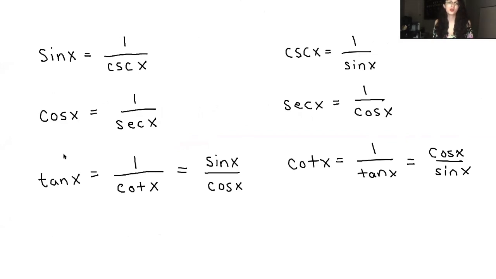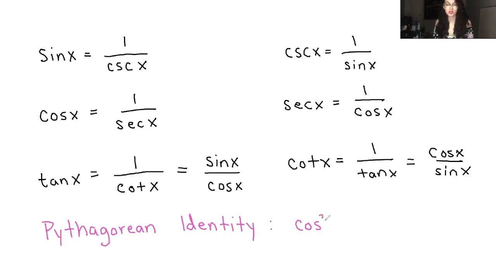So you do need to know how to use these, but you also need to know the Pythagorean identity, which is cosine squared plus sine squared equals 1.